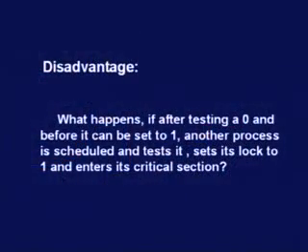Now, this solution is also fairly simple. It is a software solution as opposed to the hardware solution provided by disabling interrupts. But this also has a major disadvantage, because if after testing for a 0 and before the value of the lock can be set to 1, another process is scheduled on the processor, that process will also test the value of lock, it will find it to be 0, it will set it to 1 and enter its critical section.